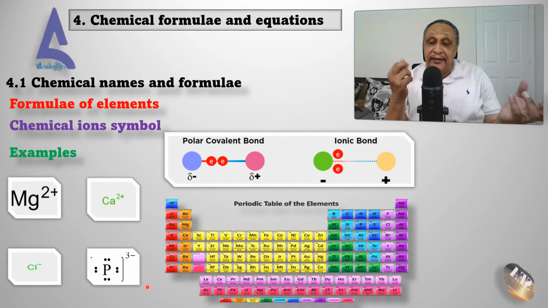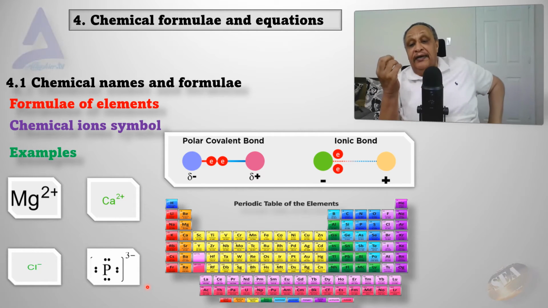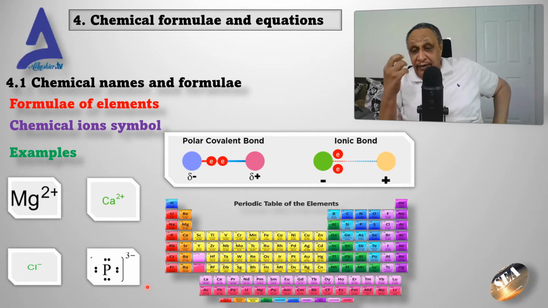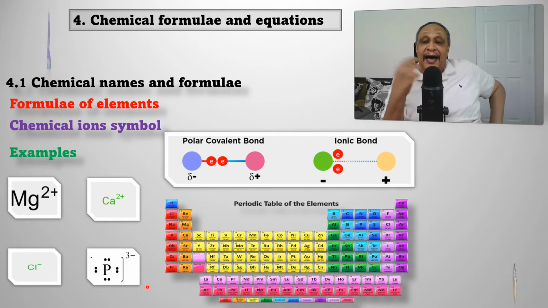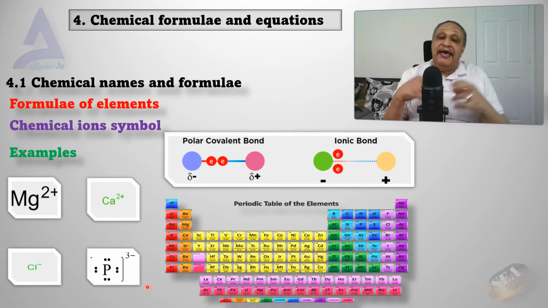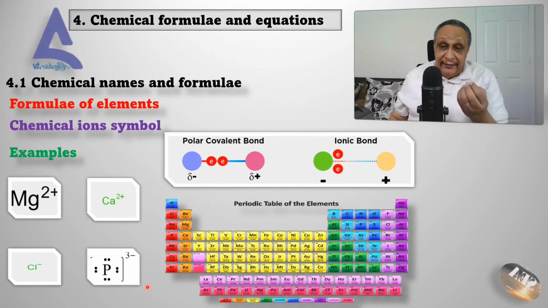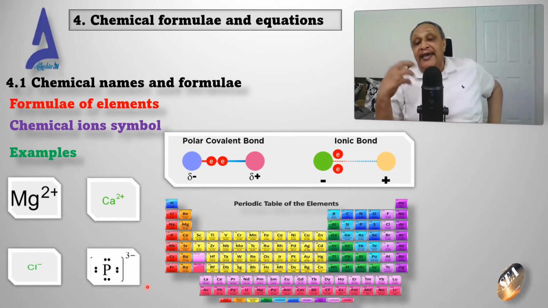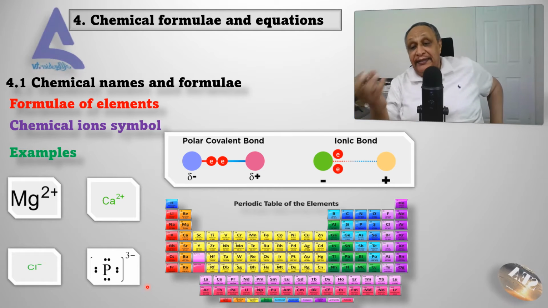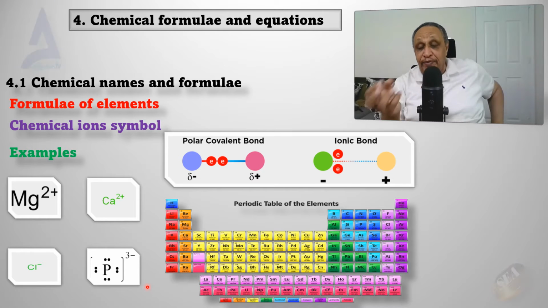The difference between ions and neutral atoms is that atoms contain the same number of protons and the same number of electrons. Ions are different. Ions may have more protons than electrons, or they may have more electrons than protons.